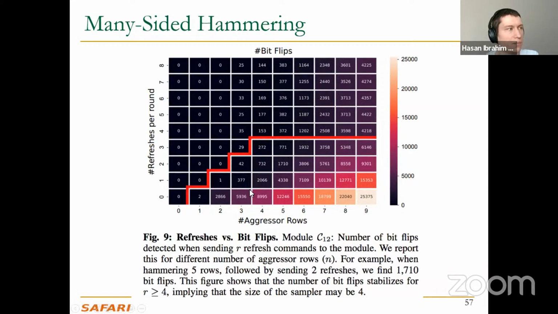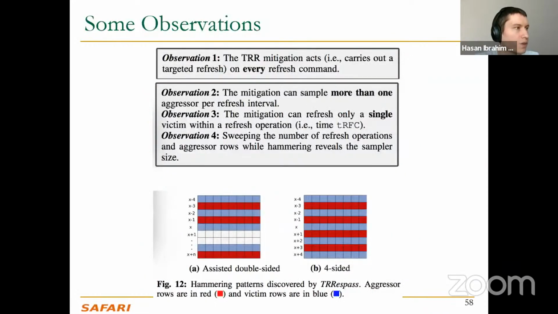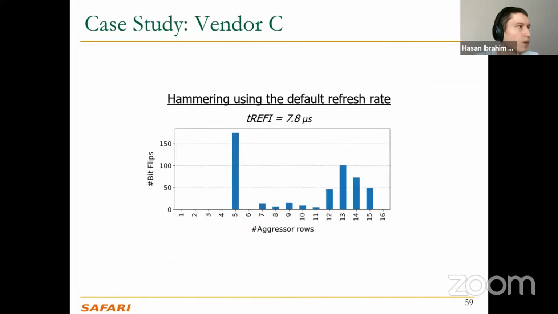The sampler cannot track 4 and more aggressor rows. Wait, so it's 3 refreshes. So here it refreshes 1, the second, the third, and here the fourth. Yeah, it should be 4, right? So it refreshes the neighbors of 4 aggressor rows. So the sampler size here is 4.